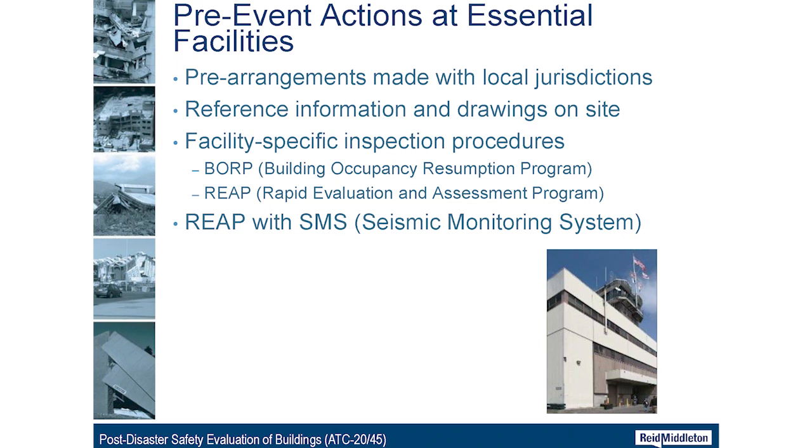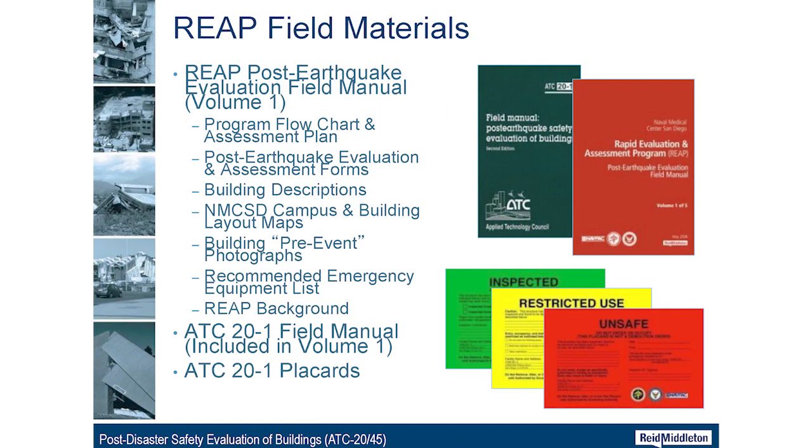So we've done that for a number of essential facilities, such as hospitals. I'm not going to go through too much, but there's the things that we can pre-organize, flow charts, building checklist information, put that in there already.